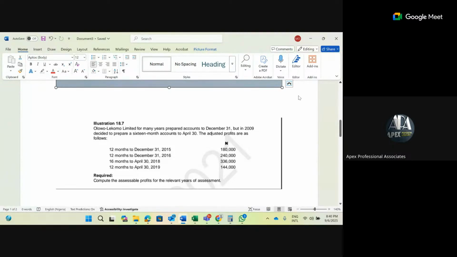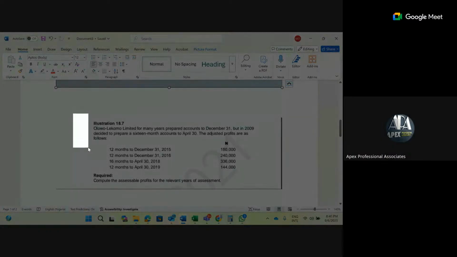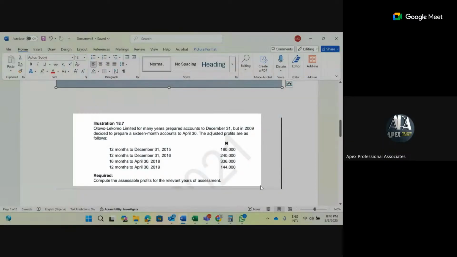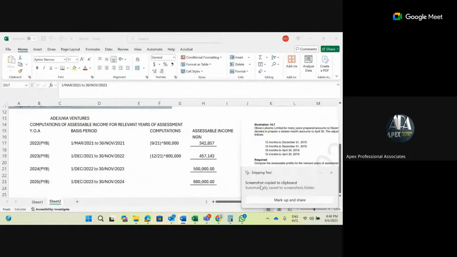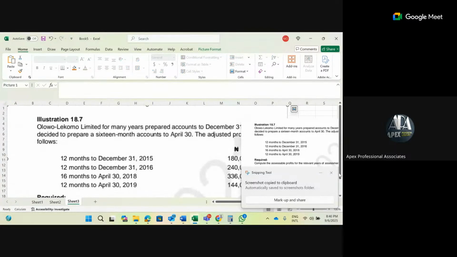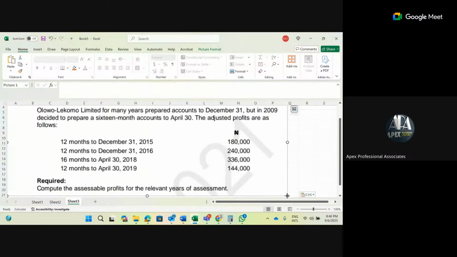Just as I've told us, once you see a particular question with one particular year end, and suddenly the year end changes, that means this question wants you to attempt change of accounting date. Once you identify that, what you need to do next is to look at the rules on change of accounting date.